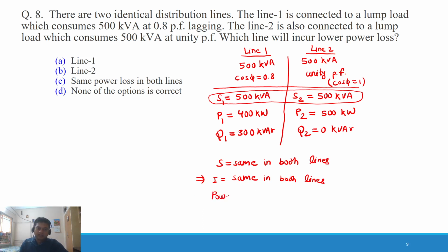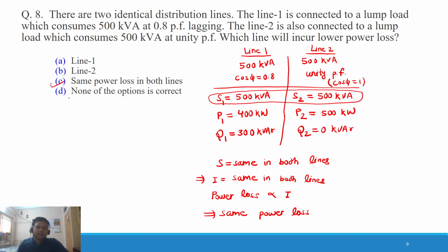We know that if the current flow is higher, the loss is also higher, it is directly proportional to the current flowing through the distribution line. So the current is flowing the same in both distribution lines, so the correct option will be same power loss. So the correct option is C, same power loss in both lines.